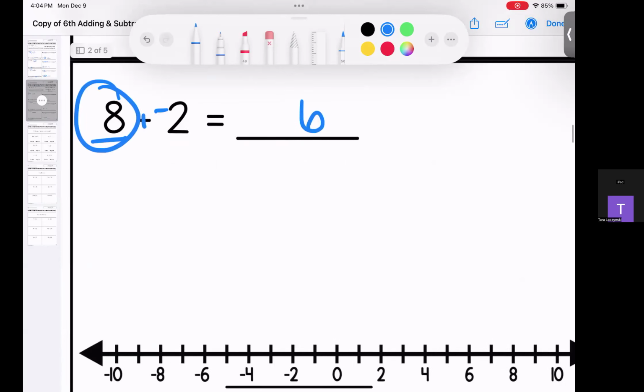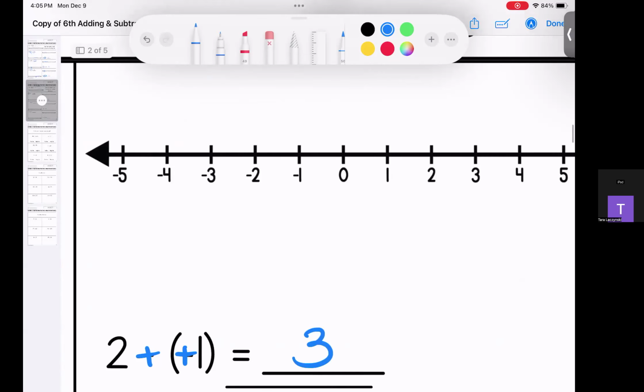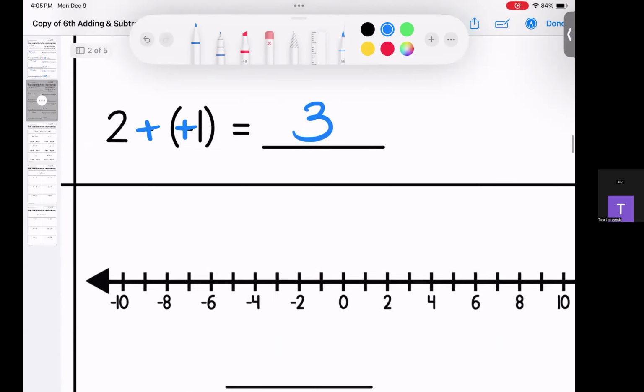And just to show you, if I'm starting at 8 and I am subtracting 2, 1, 2 brings me down to 6. If I'm starting at 2 and I'm subtracting a -1, which means I'm doing the opposite, I'm going to hop over just one space. Okay?